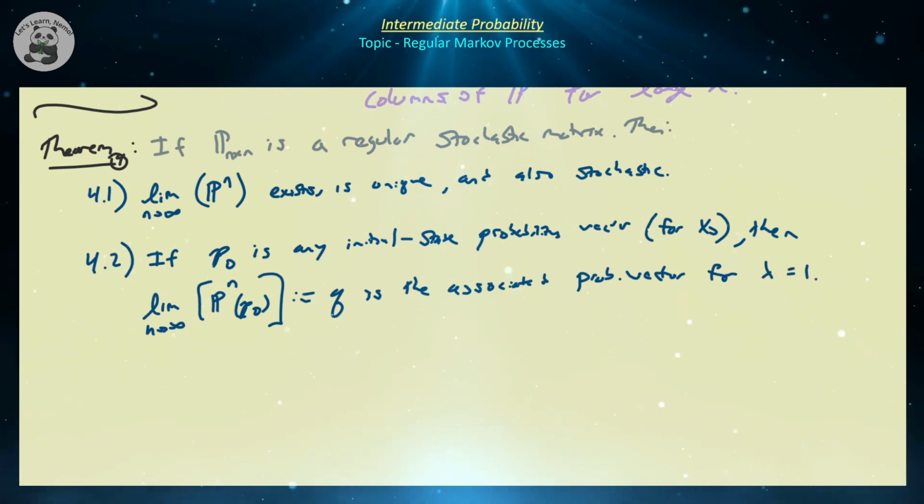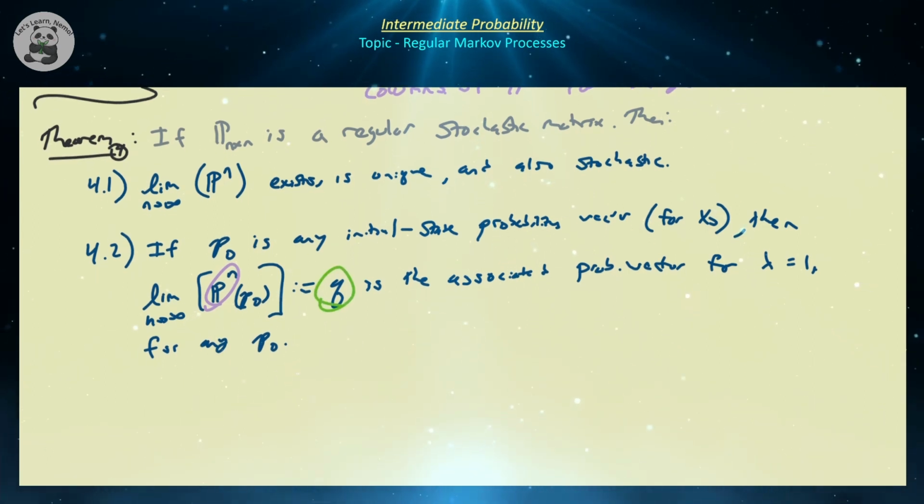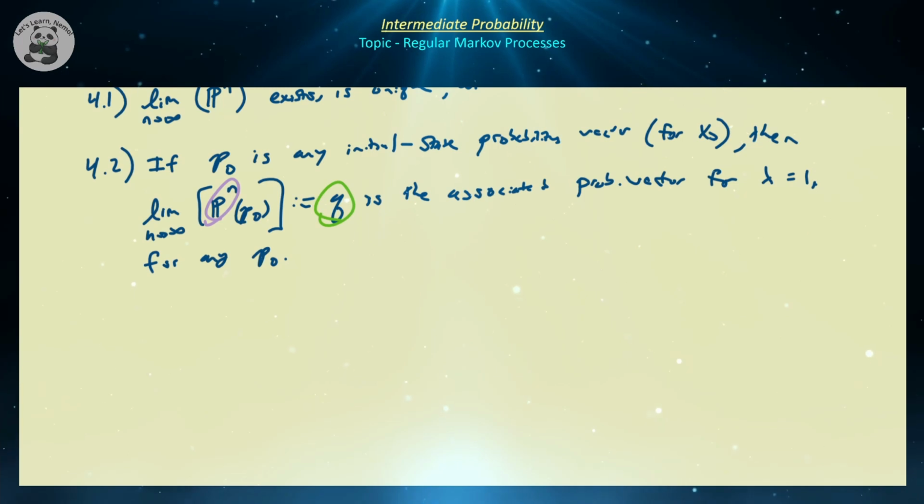So if you exponentiate infinitely many times and multiply by your initial state vector, you're going to get q. And more importantly, this is true for any p0. So we can start literally in any state, and it will always converge to this vector q.